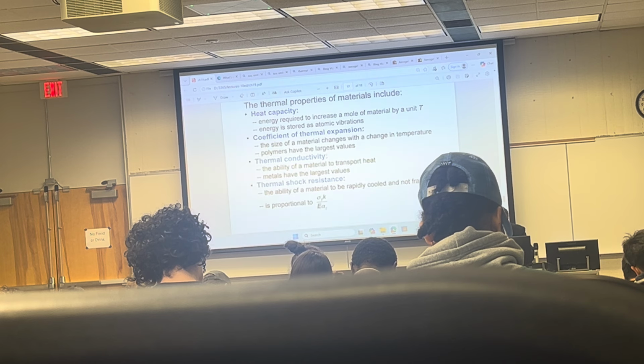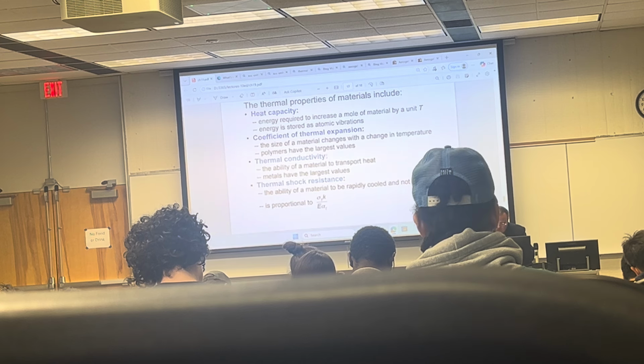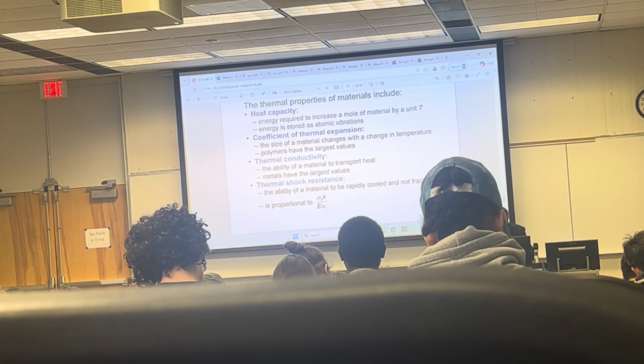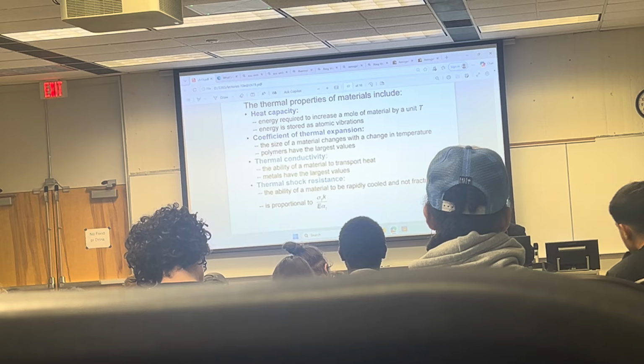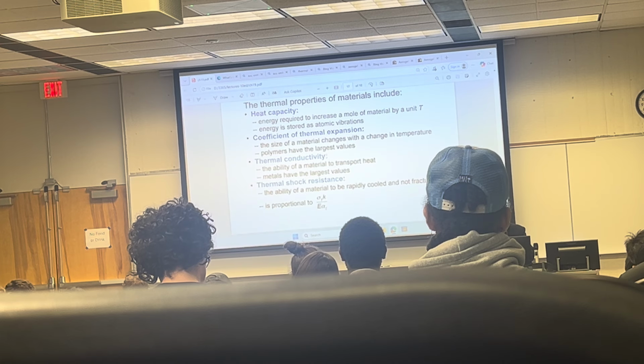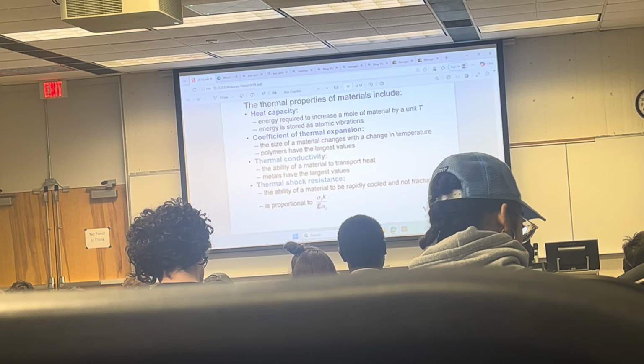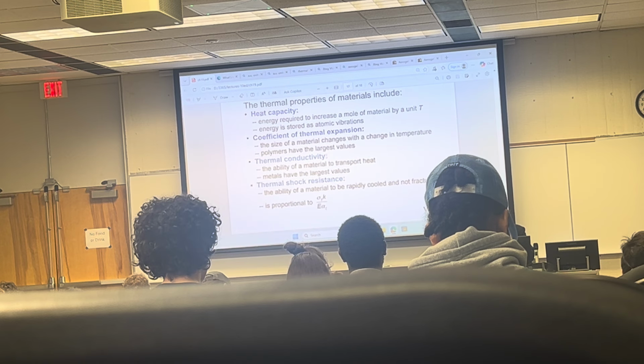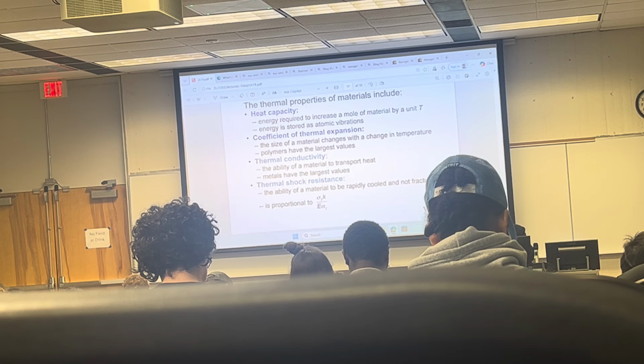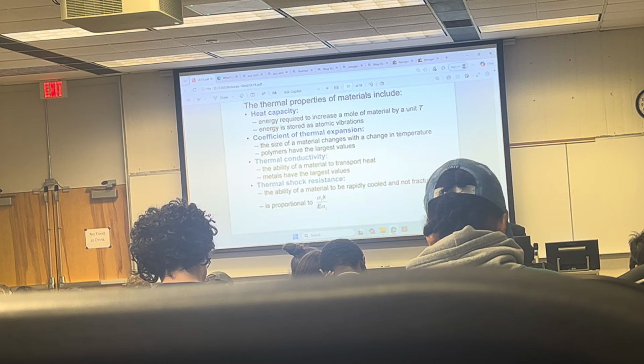The question is to calculate the volume fraction of the fibers that will be necessary, and you're given the average fiber diameter and the length. So you need to calculate the volume fraction to get this property, which is the tensile strength.